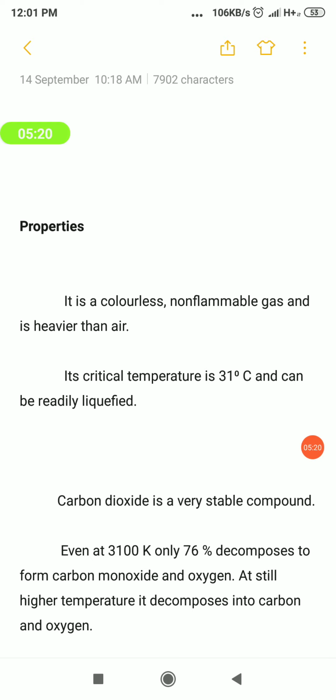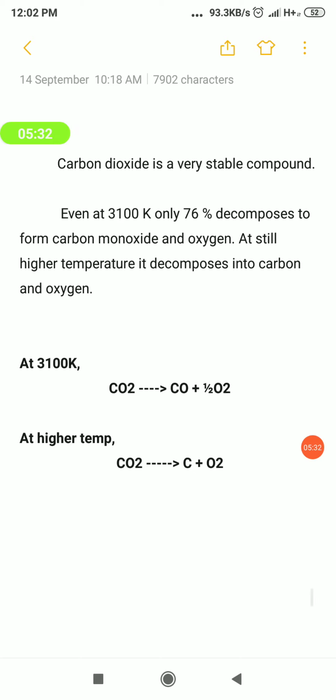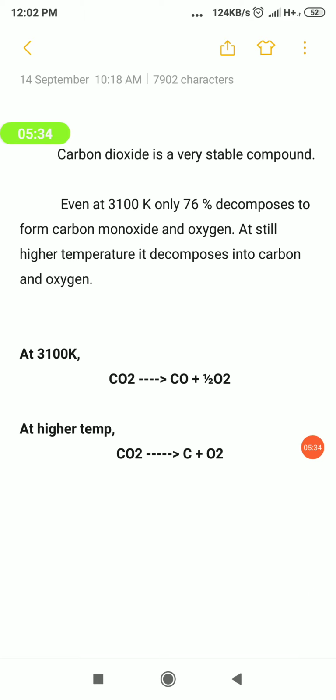This shows that carbon dioxide is a very stable molecule. However much we heat it, only after 3100 Kelvin do carbon and oxygen separate. Here the corresponding equation is given. When carbon dioxide is heated at 3100 Kelvin, carbon monoxide and oxygen gas are formed, and at higher temperature carbon dioxide will be decomposed to carbon and oxygen.